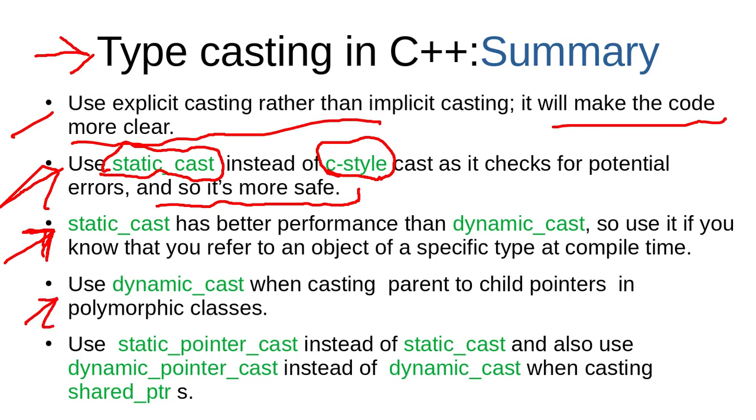Use dynamic cast when casting a parent to a child pointer in polymorphic classes, and you can know after the dynamic cast if it successfully happened by checking the returned pointer. If it's not null, it means it was cast correctly, otherwise it failed.